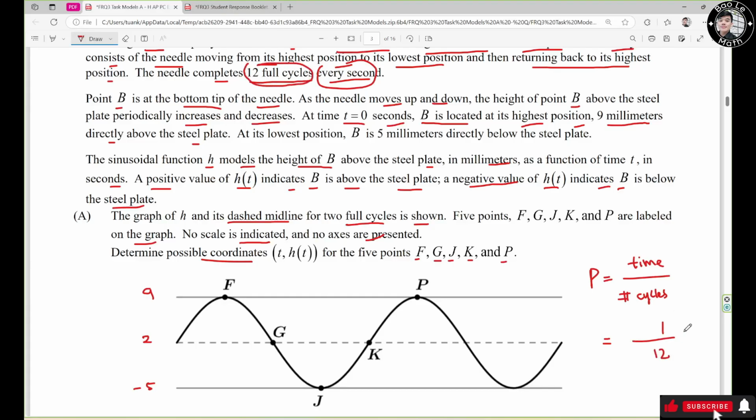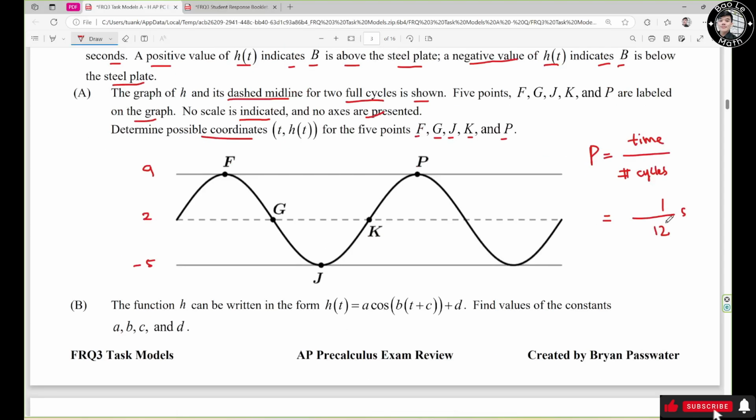So this one is going to be 1/12 seconds. Now you need to divide this by 4. So 1/12 divided by 4 is going to be 1/48. So each quarter has 1/48 seconds.